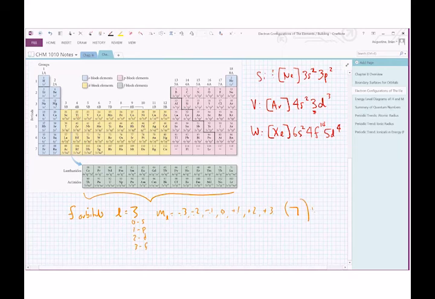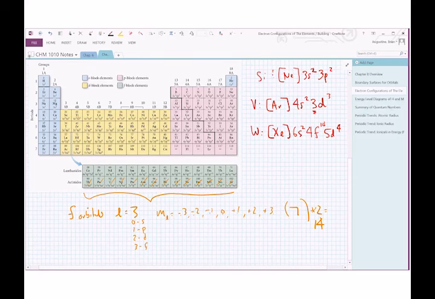Each one can hold 2 electrons. Therefore, there are 14 boxes, 14 possibilities: 1 through 14. That's where that comes from. That's why those elements are like this.